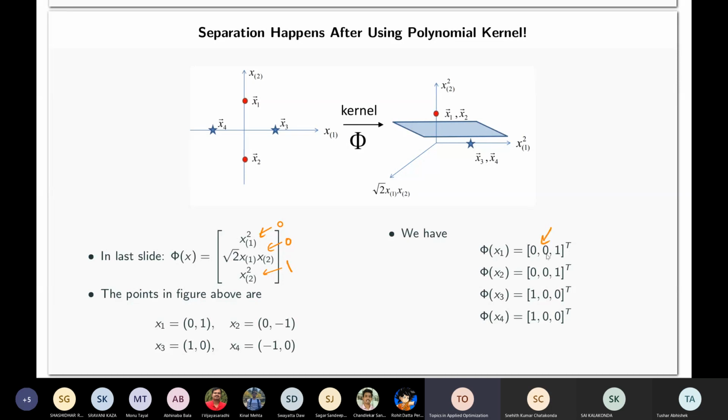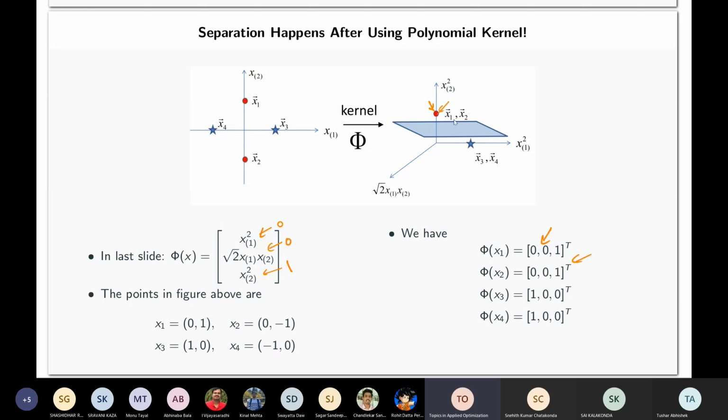So it maps to 0, 0, 1. I am assuming that this is the z vector. So x1 and x2 both are mapped to 0, 0, 1.